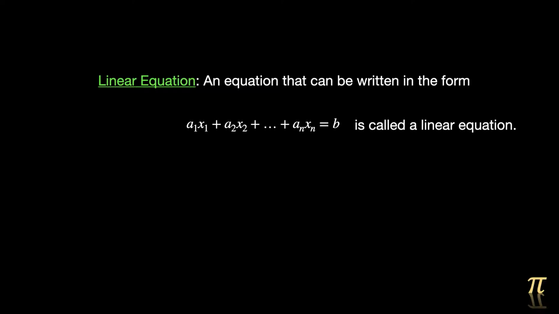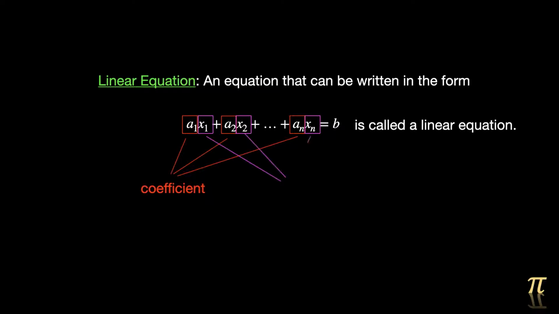Here the terms a1, a2, an and b are real numbers, and a1, a2 and an are called the coefficients, and x1, x2 and xn are called the variables. So this is a linear equation in n variables.